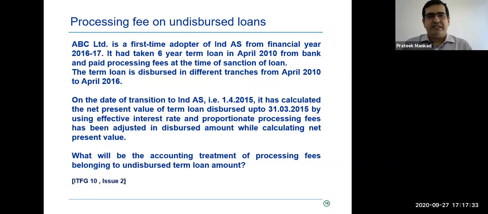What the standard tells us is, to the extent the drawdown has happened, you have to amortize. Now, the logic here is you are paying 10 rupees for 100 rupees of drawdown, not for 50 rupees of drawdown. So you amortize first 5 rupees along with the 50 rupee loan.